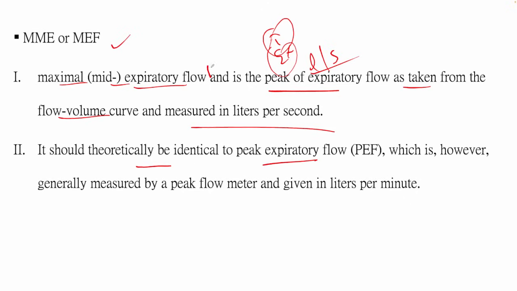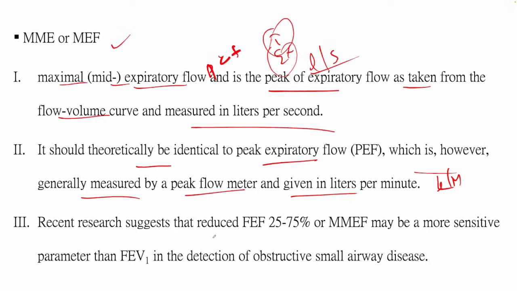You will find it similar to PEF, which is however generally measured by a peak flow meter and also given in liters per minute. Recent research suggests that the reduced FEF 25 to 75% or MMEF may be a more sensitive parameter than FEV1 in the detection of obstructive small airway disease. So whenever any kind of obstructive disease is there, at that time the MMEF ratio is more helpful than the FEV1 ratio. Clear?